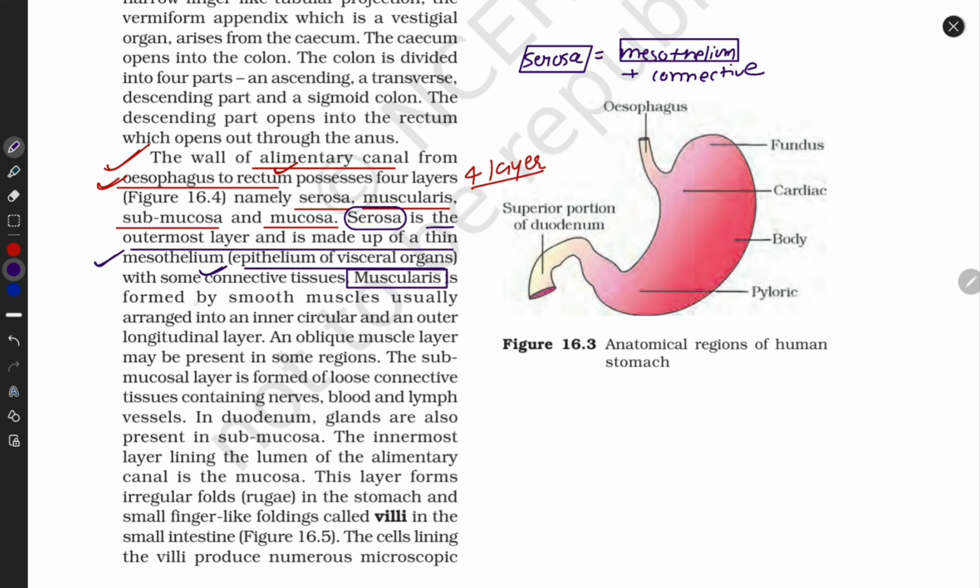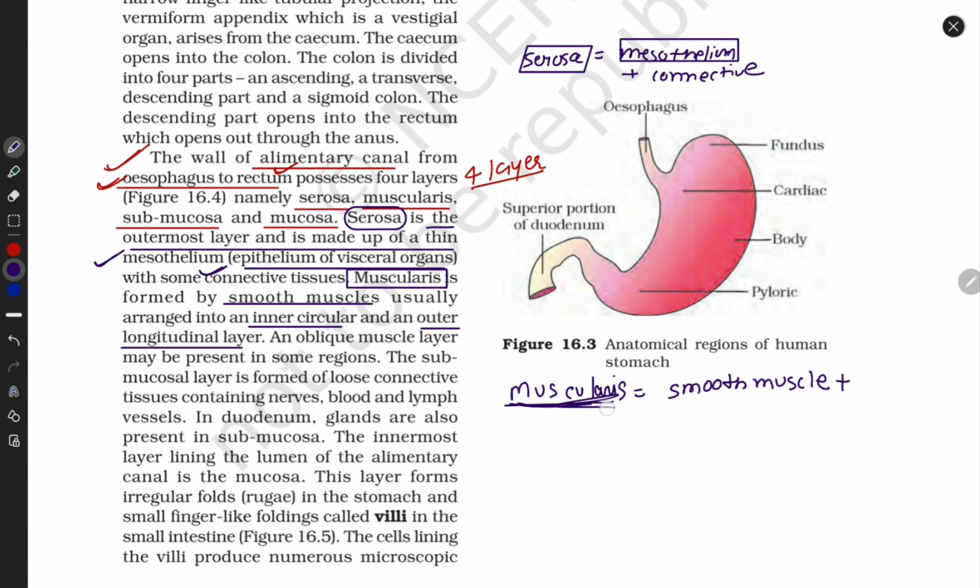Now our next layer is muscularis. It is formed by smooth muscles, which are involuntary in nature. They are made up of an inner circular and an outer longitudinal layer.